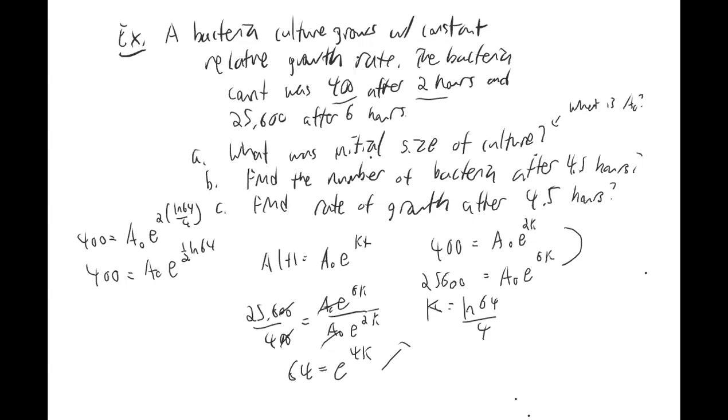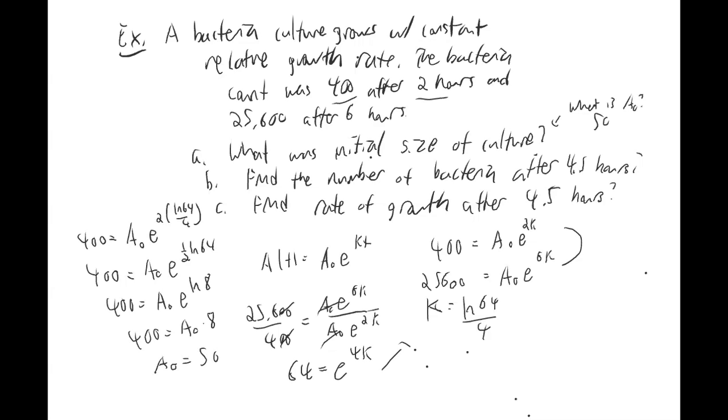I can raise it to the power, right? So this is the same as 400 equals A naught e to the ln of square root of 64, and that's 8. And this cancels, right? So 400 equals A naught times 8. And so A naught is 50.